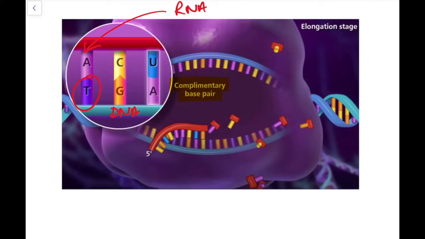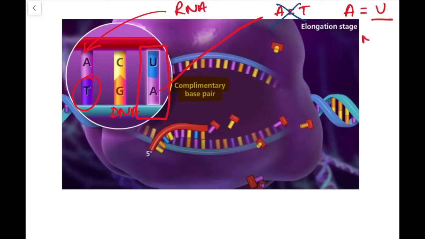And so the only change that we get is here. Normally in DNA, we get A to T with two bonds. But now we don't get that, so we don't have A to T in mRNA. Instead, we have A to U. So wherever you see a T, you replace it with a U instead.